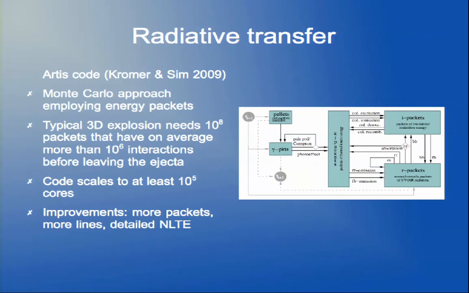So we can really concentrate on the propagation of the energy packets, and we only have to synchronize from time to time. Okay, and for improvements, we want to do more packets, more lines, and also there are a few approximations in there that we want to lift further.